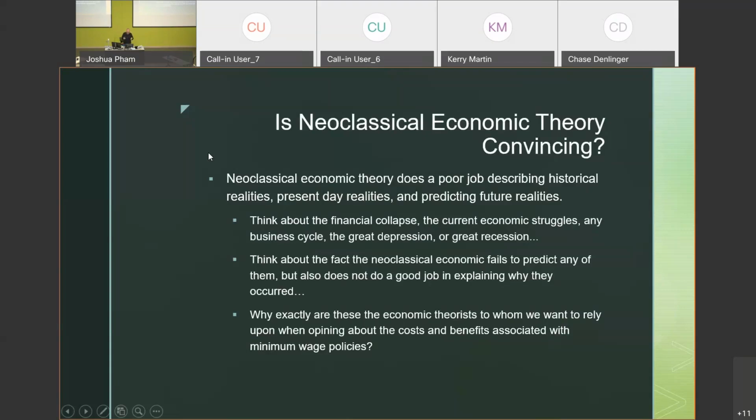They don't do a good job describing present day realities, right? And they don't do a really great job predicting future realities either. So with all the econometric studies we've done on minimum wages and unemployment, they still have trouble making a good prediction about what you expect to find when we raise the minimum wage from 7.25 to 8.49 or 15, et cetera.